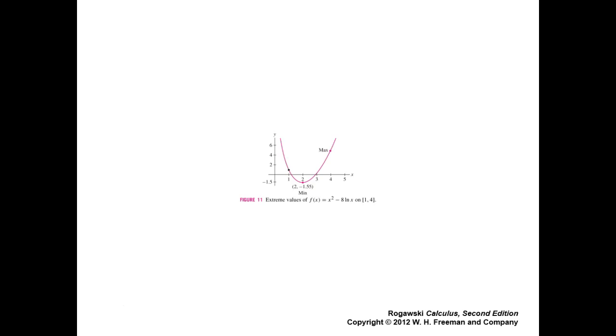And example 5 is find the extreme values for the function f of x is equal to this. So here's the function, here's the interval of the function, and we're looking for extreme values. Okay. So let's hit this a step at a time. First, what are your extreme values?